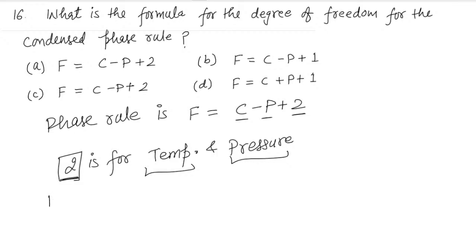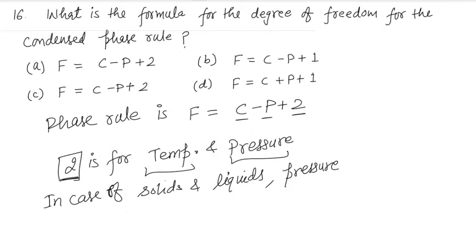Now, in case of solids and liquids, the 2 is for temperature and pressure only, Shraddha. Very good, Bhavna. So in case of solids and liquids, pressure has no role to play. Pressure has no significance.